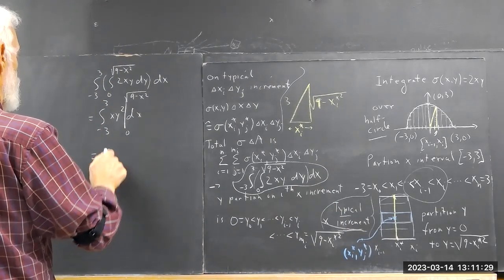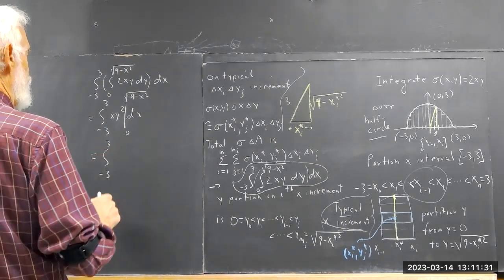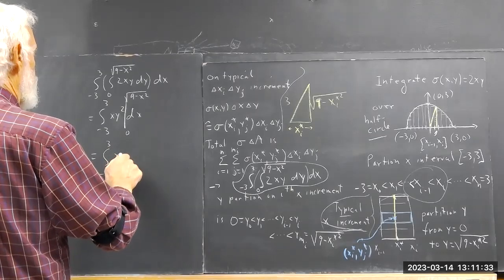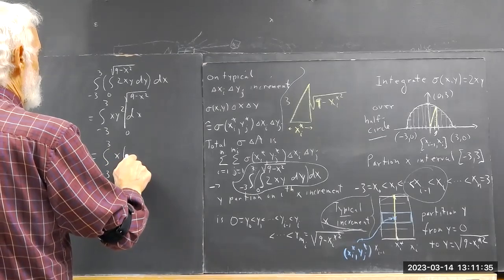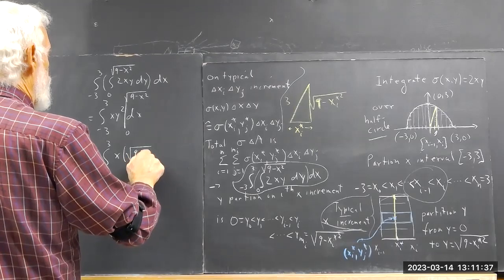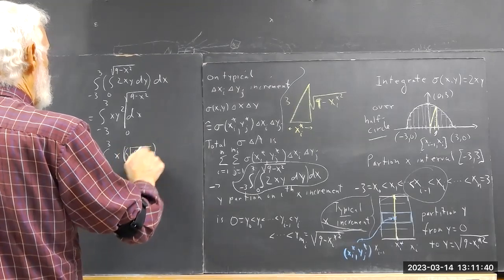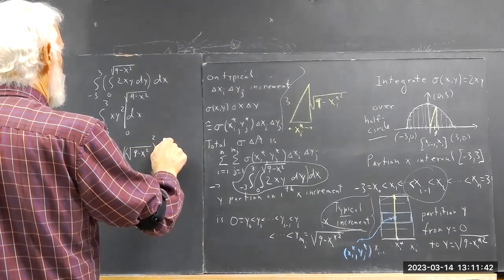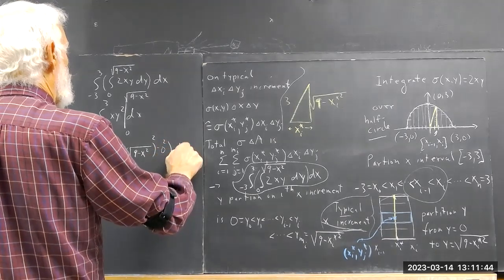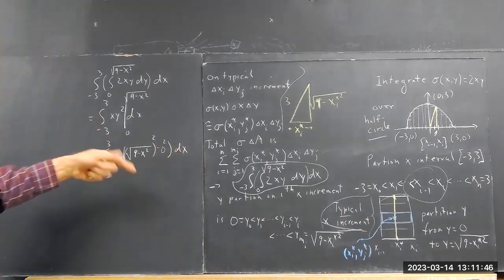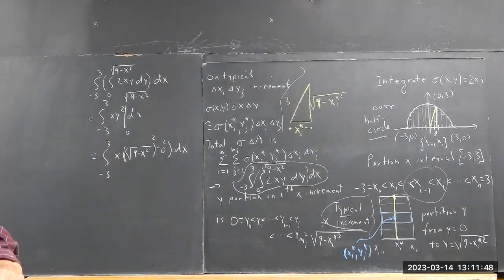That's then the integral from -3 to 3 of x times the square root of 9 minus x squared squared, minus 0 squared, with respect to x. Everybody understand everything that I just did?